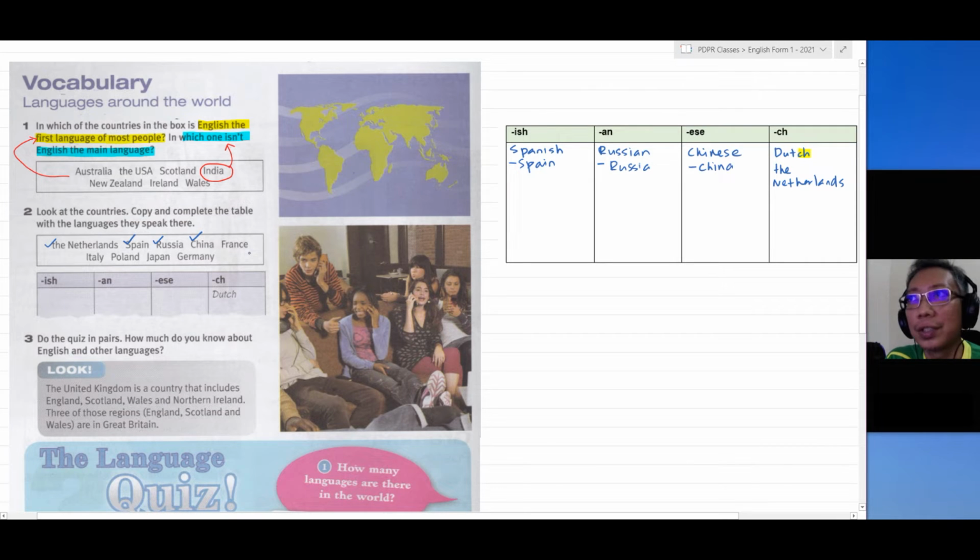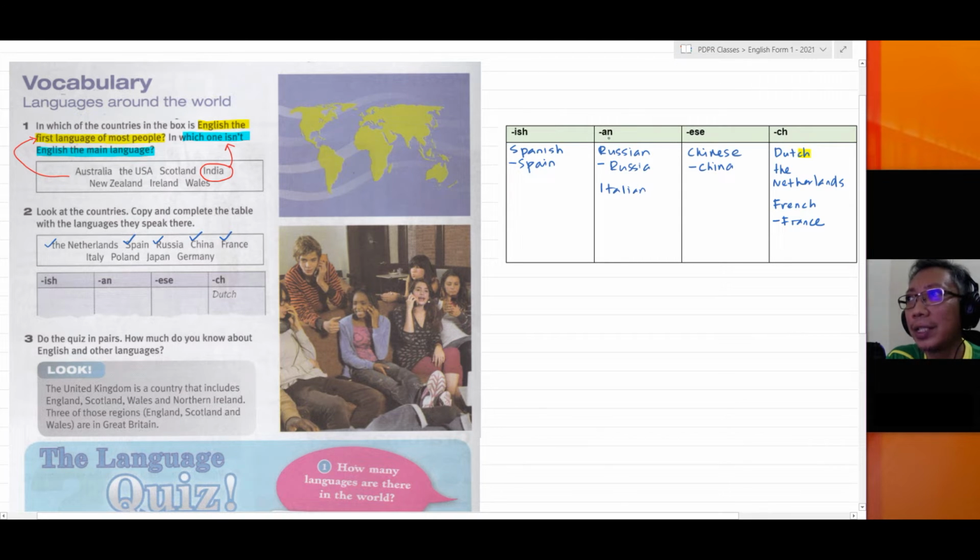Next, France. People in France speak French. So French ends in CH. French, people from France. Italy. The language spoken in Italy is called Italian.